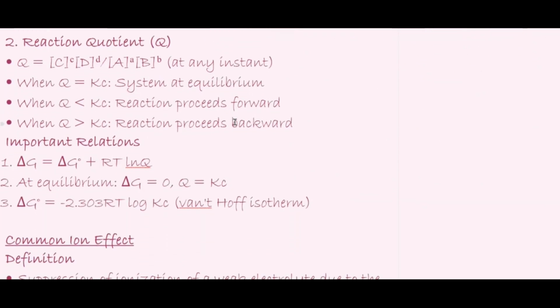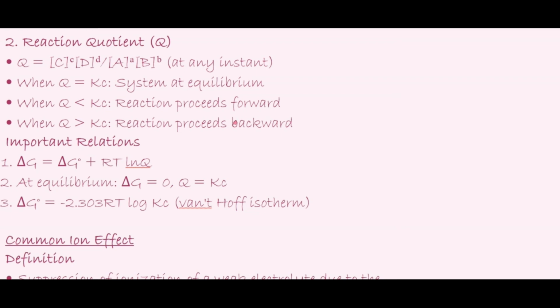Now the next part is reaction quotient. Reaction quotient is mentioned by the symbol Q. It's not the same as Kc. It's not similar to Kc. But the relation between the reaction quotient and the Kc is that if both the values are equal, then we can say the system is at equilibrium.